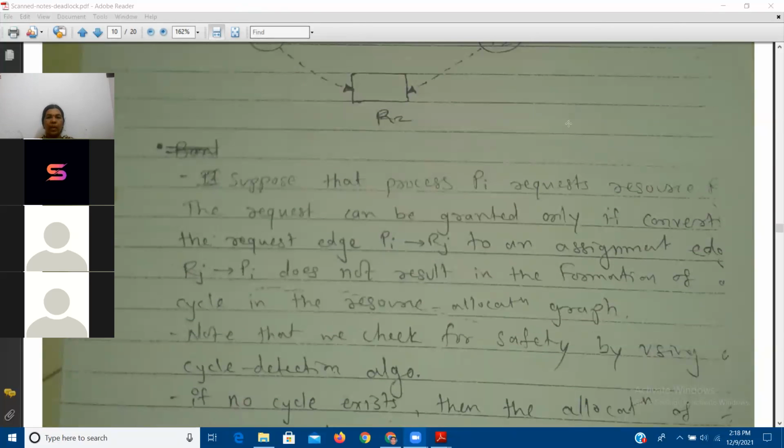Suppose that process Pi requests resource Rj. The request can be granted only if converting the request edge to an assignment edge does not result in the formation of a cycle.